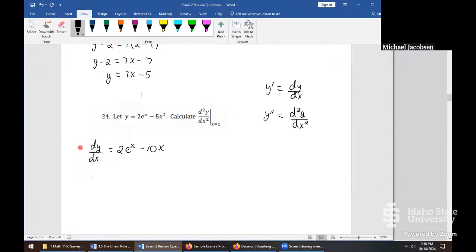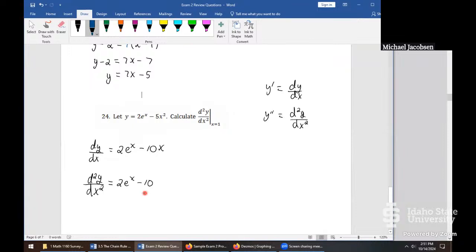So here's how it goes. d2y is just saying we're taking the second derivative of the same function y. dx2 says we're differentiating with respect to x both times. If we differentiate 2 e to the x once, then we get the same result as we did the first time. So however many times you differentiate that function, it survives in that same exact format. This one always changes though. The derivative of negative 10x is just negative 10.